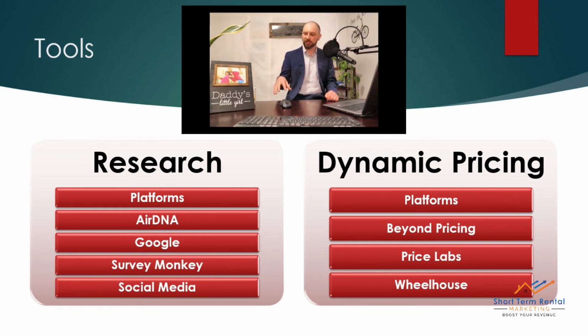Figure out what's the top Airbnb or short-term rental within 1 hour of me, 1 mile of me. What's the number one property within 1 mile of me? What are they charging? What are they offering, right? How do I stack up versus them? Can I charge the same amount? Do I have the same quality? You have to figure these things out. You will do it with research.